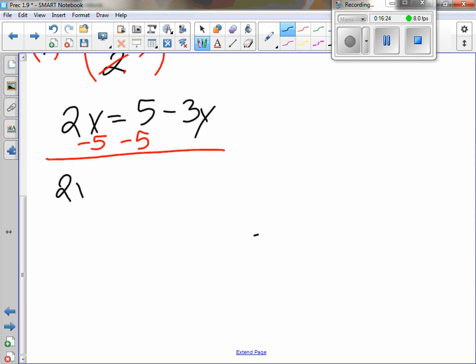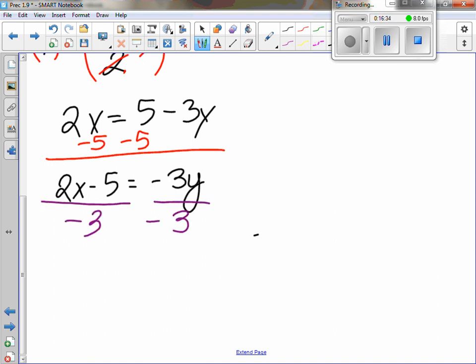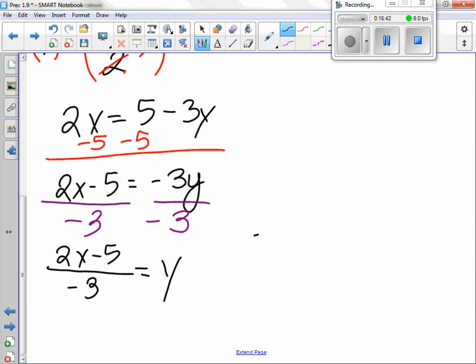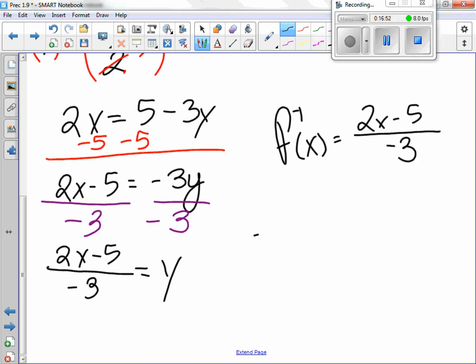So 2x, then what? Divide by negative 3. And we get this here. So it tells us that f inverse of x is equal to 2x minus 5 over negative 3.